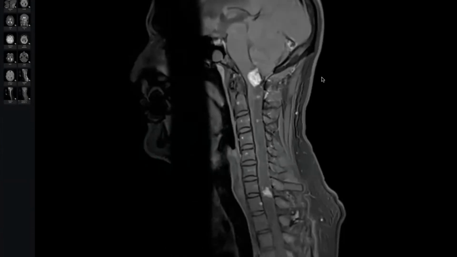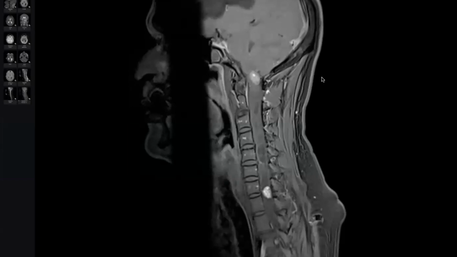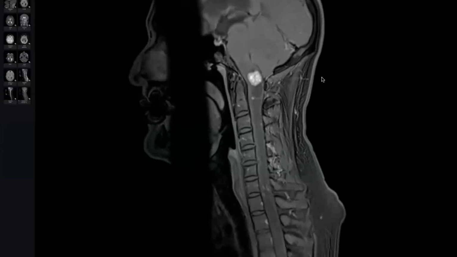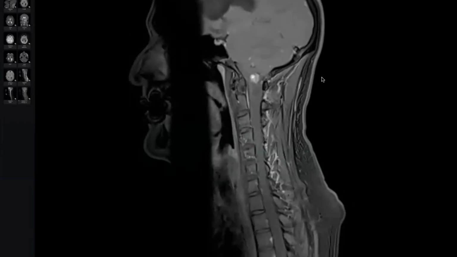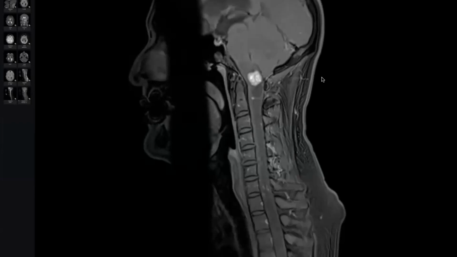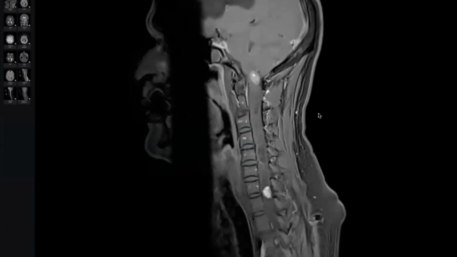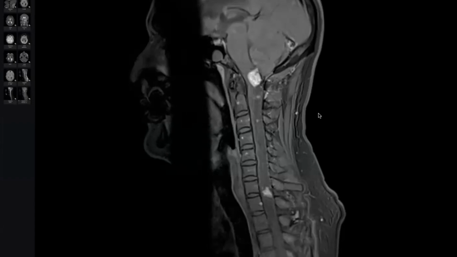Okay, this is the post-contrast image of the same patient in which I can see at least two enhancing nodular lesions, one at the cervicomedullary junction and one at the cervicothoracic junction in the cord, along with significant abnormal signal areas in the cord as well as cord expansion.